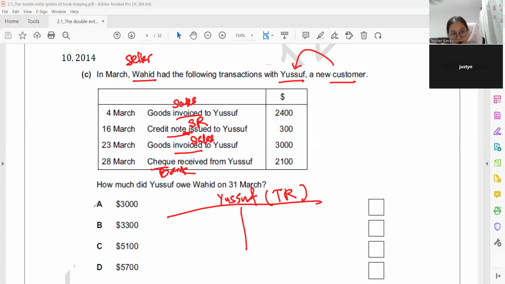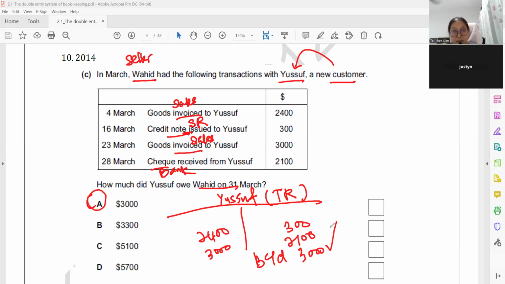Okay, your answer 10 is correct. So sales in here, sales return in here, invoice 3,000 here, cheque received 2,100. So your amount owed, which is the balance c/d, 3,000. Correct?